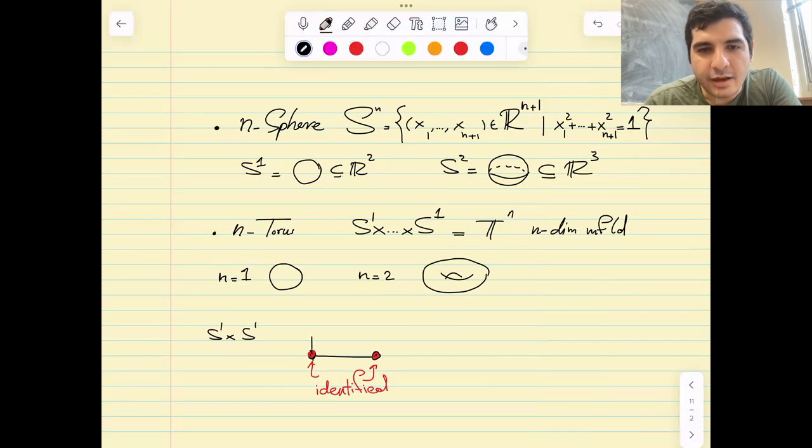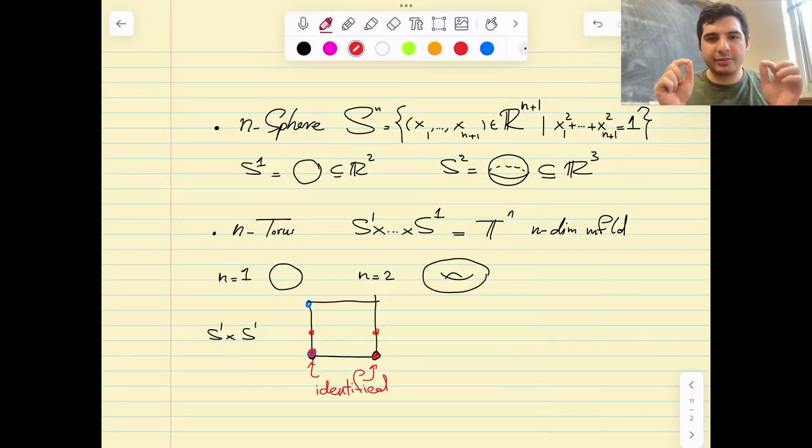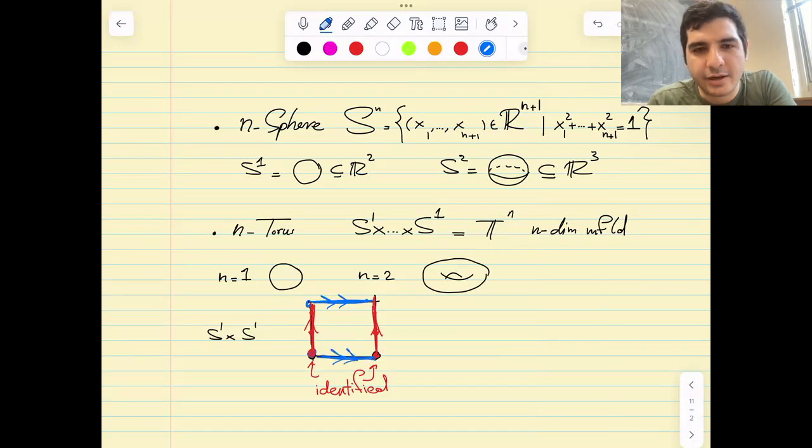So we have another copy of S1 in S1 times S1. Let's say this is the other S1 component, and there the blue points should be identified. So the product would be something like the square, but these red points two by two should be identified. This implies the whole left side should be glued to the right side. And the whole bottom side and top side should be glued together. So let's show they are also identified.